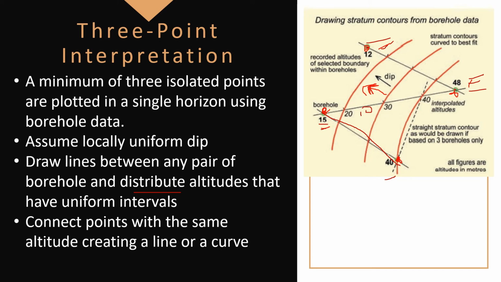This process of distribution is done by interpolation, meaning the points that you have chosen are only estimated using the given elevation. So you are just going to estimate the elevation between those boundaries or between those lines.